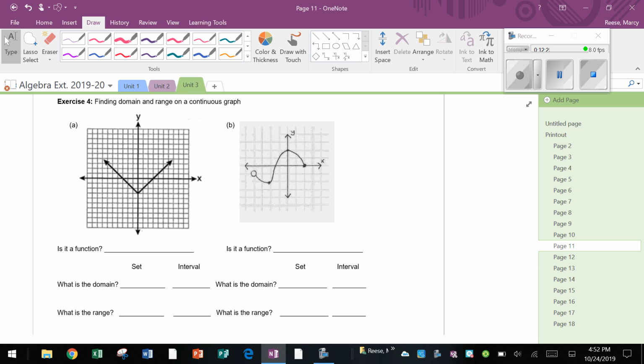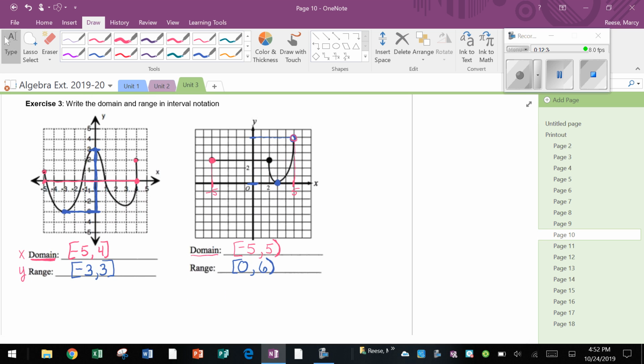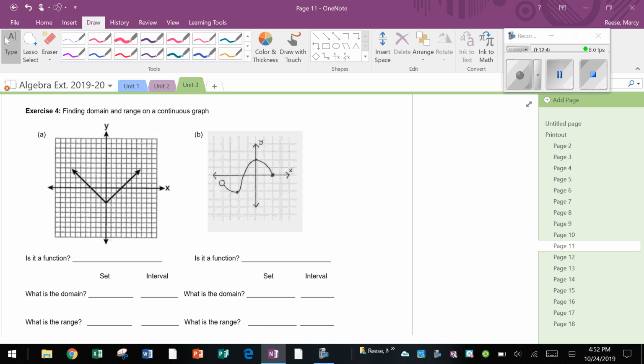Okay, exercise 4. Finding domain and range on a continuous graph. If you notice those graphs that we just did on 3, they weren't discrete, but they stopped. There was a start and a stop point. The difference between 4A and 4B is that 4A, remember, is continuous because all the points in between are there, but 4A has arrows, which means it goes forever and ever.